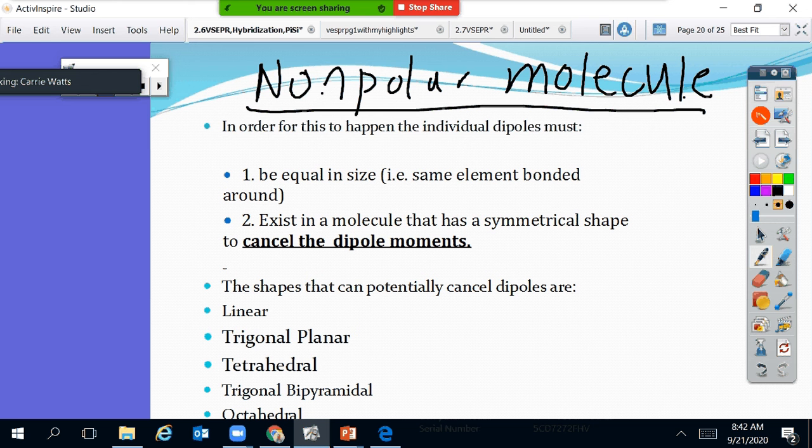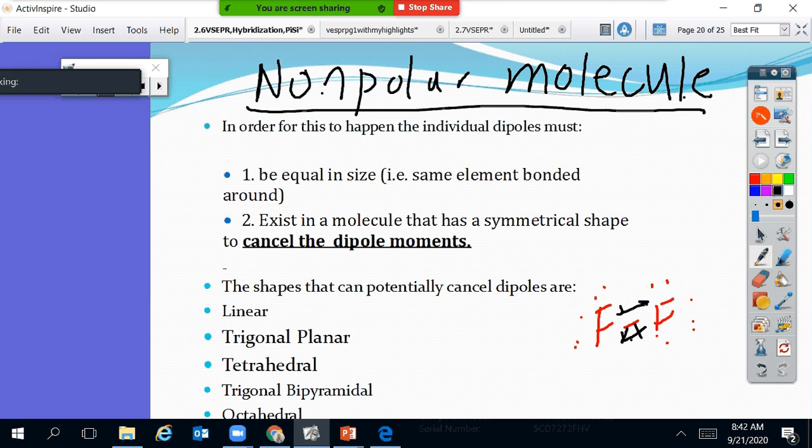In order for this to happen, the individual dipoles must be equal in size, so it's got to be the same external atom, and they have to have a symmetrical shape to cancel the dipole moments. Shapes that can potentially cancel dipoles are linear. You have two of the same atom, they each have a dipole force, but it's canceling each other out.